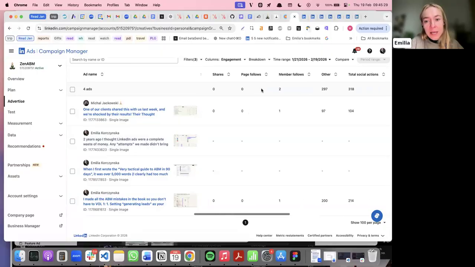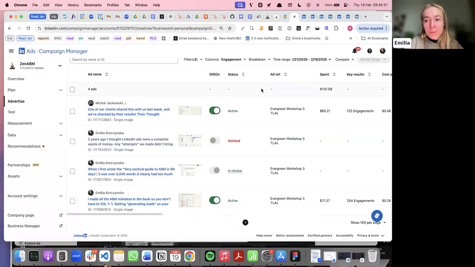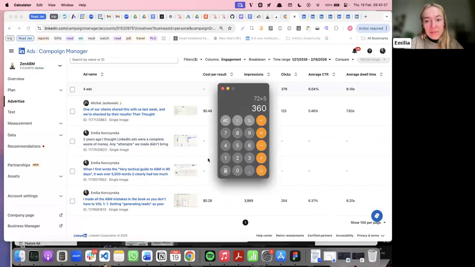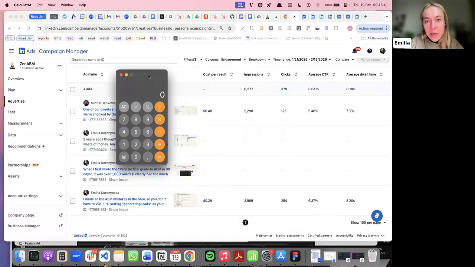74 clicks out of how many total impressions? 6,277. So this would be your real CTR that would be then comparable to the image ads CTR.